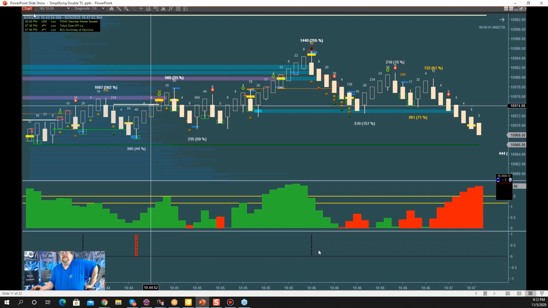Doesn't mean they're valid trades, doesn't mean they meet all the rules, it's just letting you know it's there. Monday night, when we talked about the filtered TX trade, meaning it's filtered with the color of the DR, those will show up with a green shade to them. The double TX trades that we're talking about tonight have the red shading behind them right here.